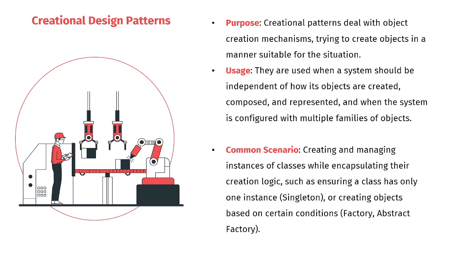But what happens if you want to separate that, so that your object creation happens in one place, and when you want to use it, you use it in a different place? That is a use case for this design pattern.